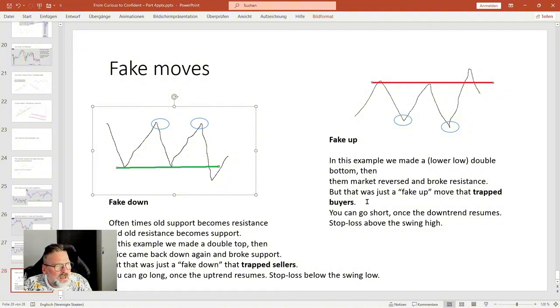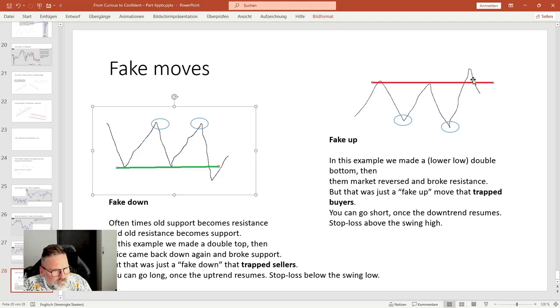Okay. Here is the other example, fake up. So it faked an up movement, and now the buyers got trapped. Again, buyers got trapped who took the breakout here directly, who hoped for a clean breakout here and continuation. Also those who thought that old resistance became now support and maybe bought here.